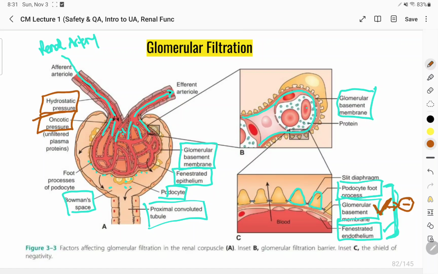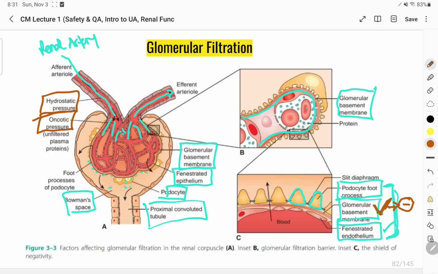Hydrostatic pressure is the pressure applied where your fluids are pushed to go out. And oncotic pressure, on the other hand, is a pressure that keeps the fluids and substances remaining inside your vessel. Okay?